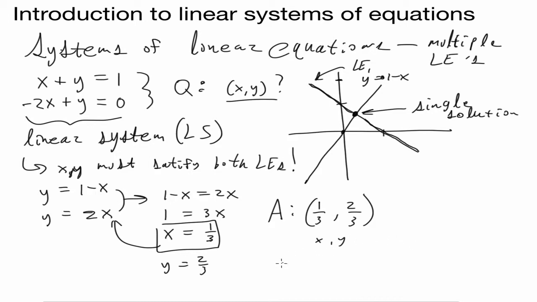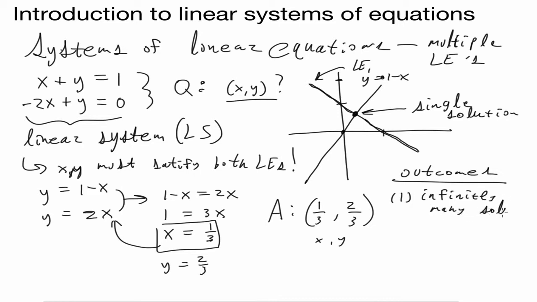All right, so now we see another outcome. So the outcomes so far: the first was infinitely many solutions. Now we saw a single solution.